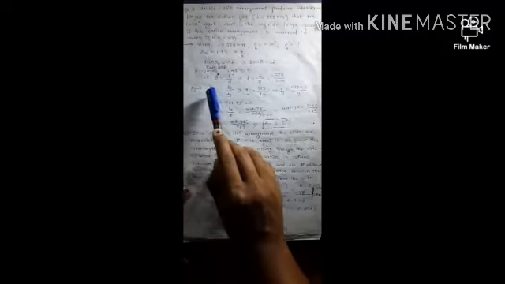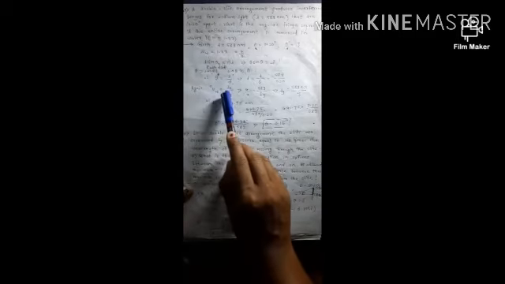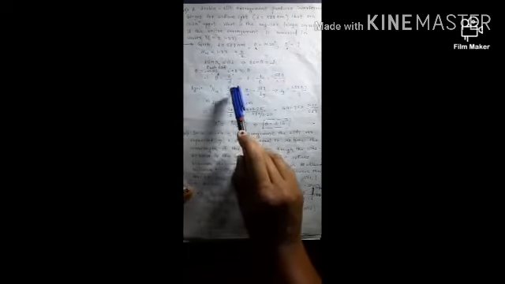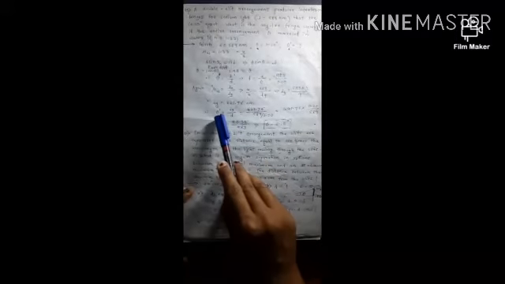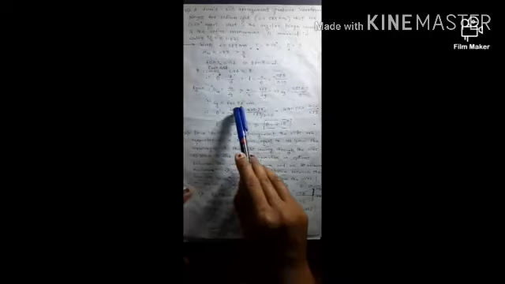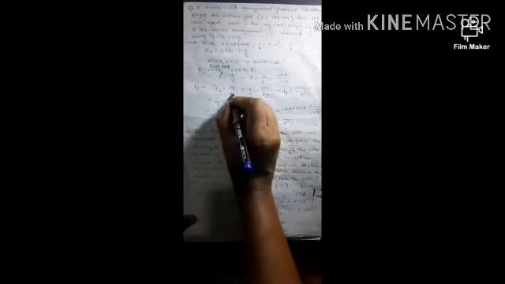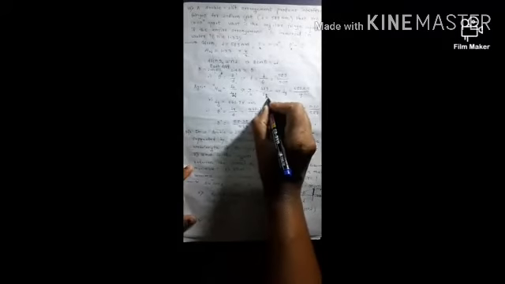Again, refractive index in terms of wavelength is lambda a upon lambda w, and by using this we find the value of the wavelength of light in the water medium. Therefore theta dash is equal to lambda w upon d, where lambda w is the wavelength of light in water.